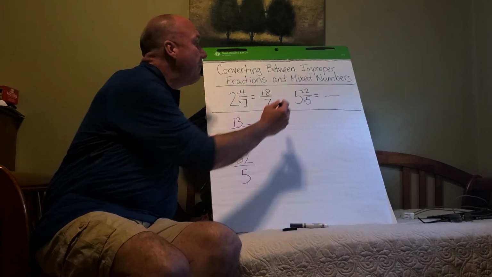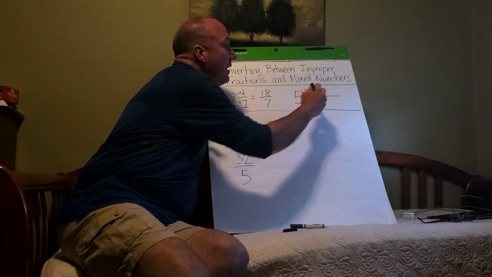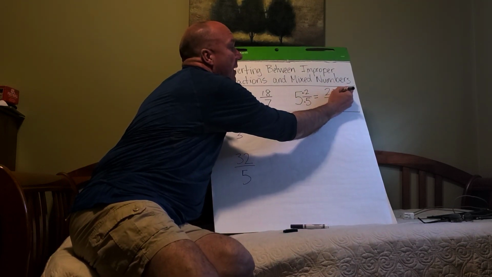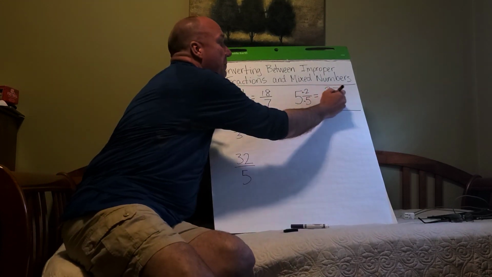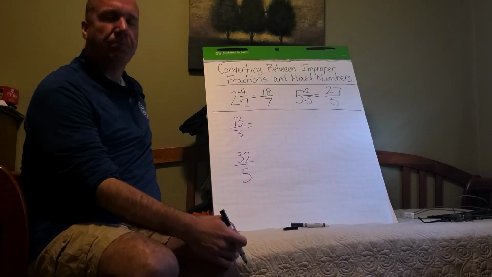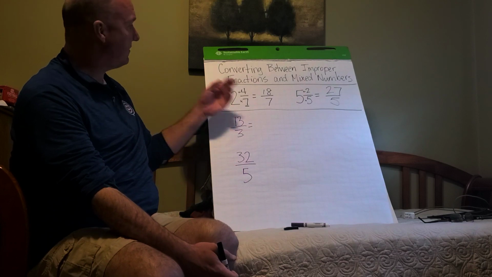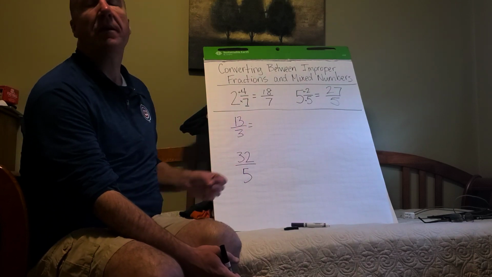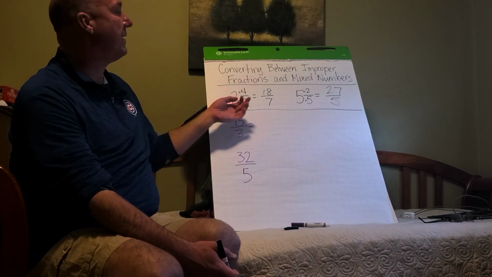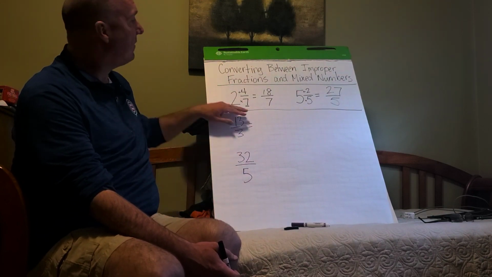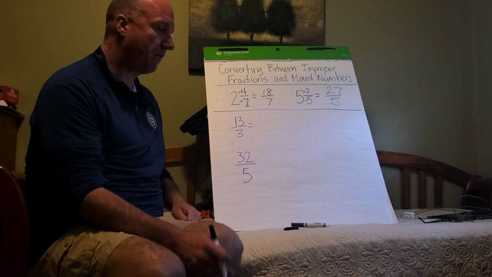So I have 25 plus 2, which equals 27. And as I mentioned over here, the denominator stays the same. These tend to be the easier of the ones because it's simple multiplication plus the numerator, and that gives us our new numerator over the same denominator as before. So I turn these mixed numbers into improper fractions.